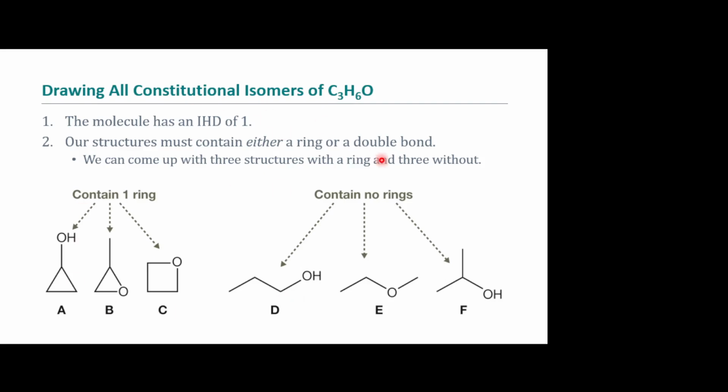Okay, so this one right here is another example. We take the C3H6O. Our molecule in this case has an IHD of 1. And so one of the things we have to do is we need to make that base structure, right? Skeleton. And don't forget that oxygens can be part of the skeletons, right?